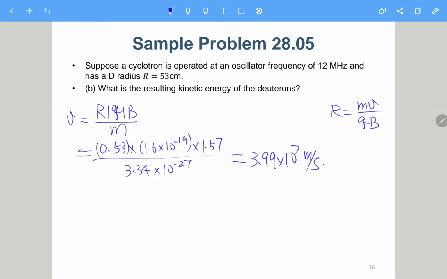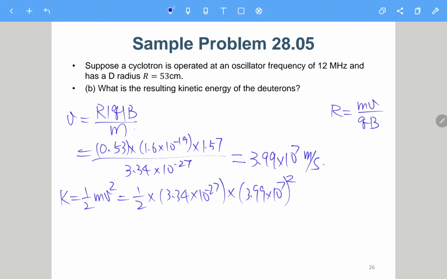This is the velocity, and then the kinetic energy is half of mv squared. So it is half times 3.34 times 10 to the minus 27, times 3.99 times 10 to the 7th power squared. And this number is 2.7 times 10 to the minus 12 joule.